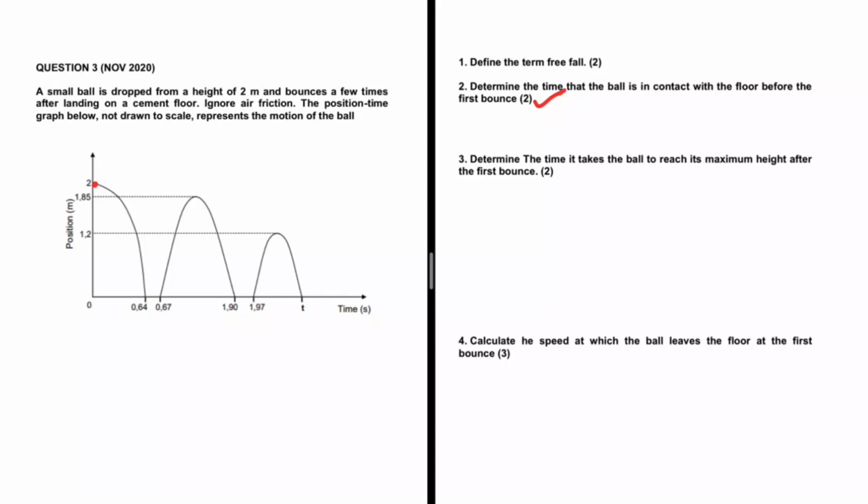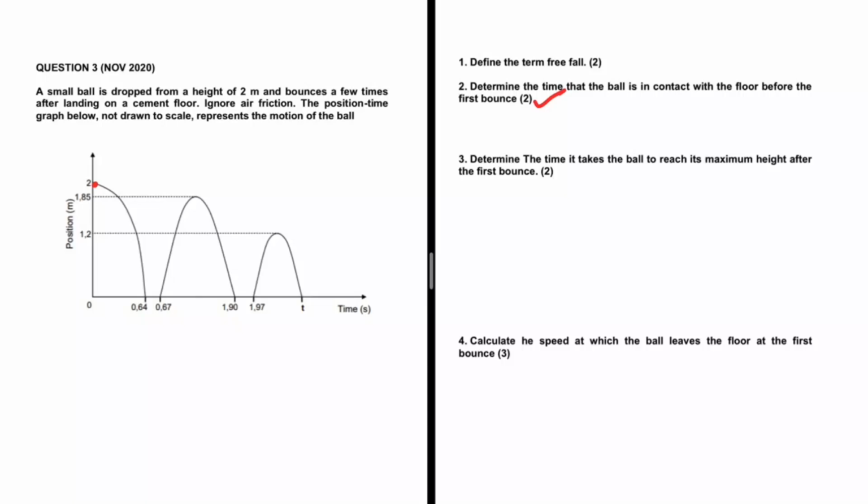Okay, let's carry on. Ignore air friction. If we're ignoring air friction, then as soon as it is dropped, it is in free fall. It is a projectile. The only force acting is gravitational force. The position time graph below, not drawn to scale, represents the motion of the ball.